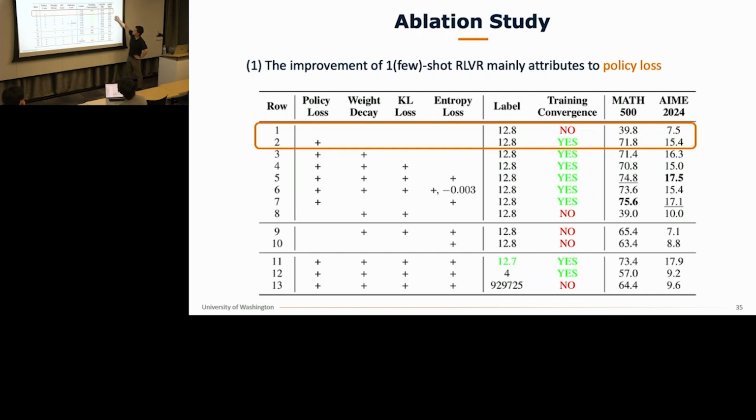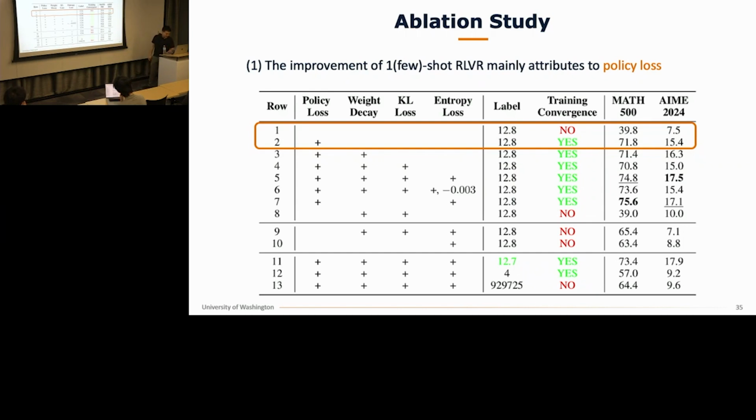Using the policy loss alone, you can boost performance by a lot, from here to here. That's really the main driving force of the improvement, which is as expected because the policy loss gives you feedback. With weight decay, it doesn't improve by much, so weight decay is also not necessary there.